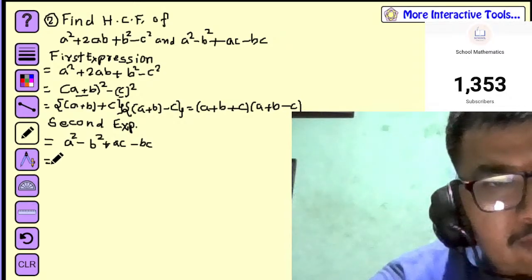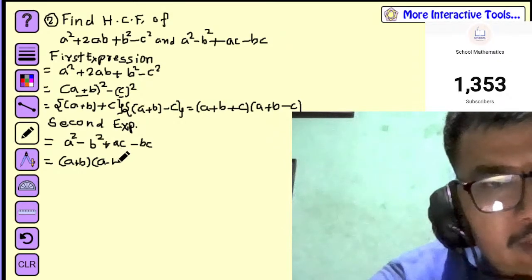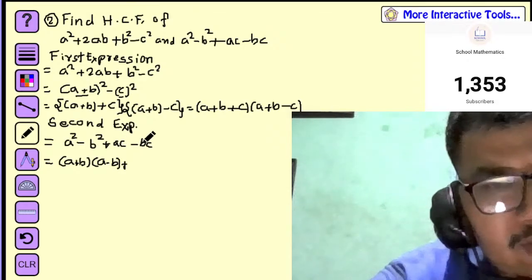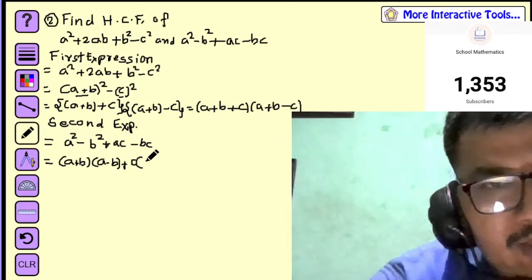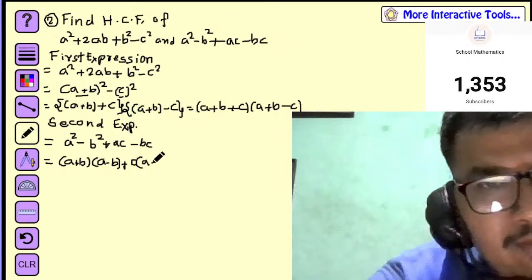Then we know that the a square minus b square formula is a plus b times a minus b, okay, and plus, what is common in the third and fourth terms? There is c common, okay. If c is common, then what is remaining? a minus b.